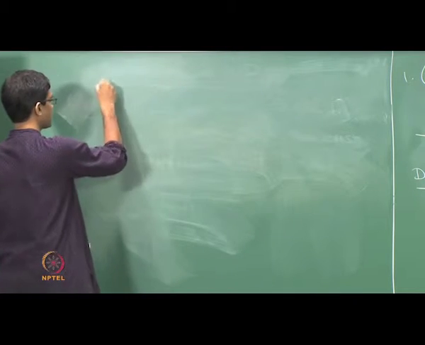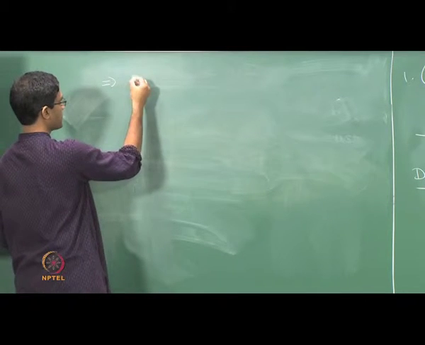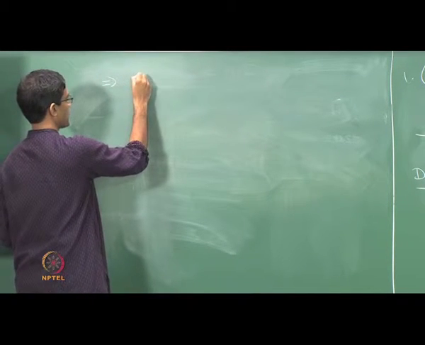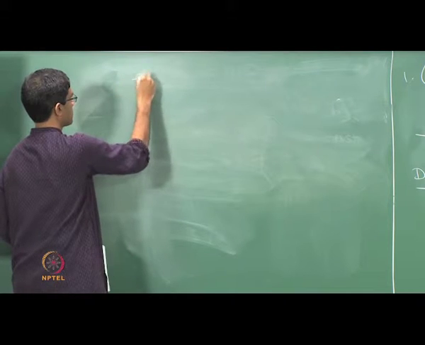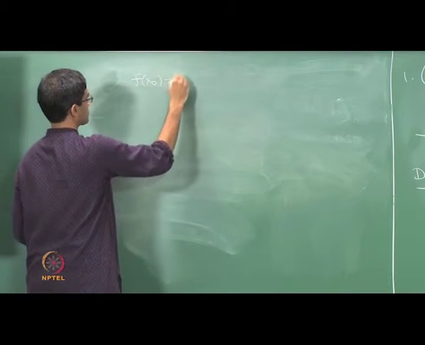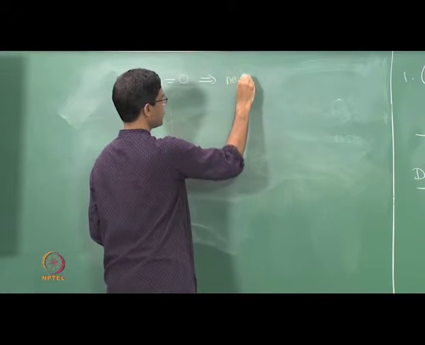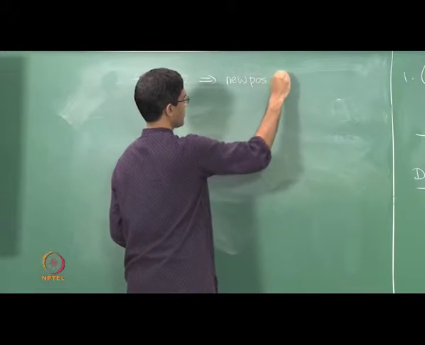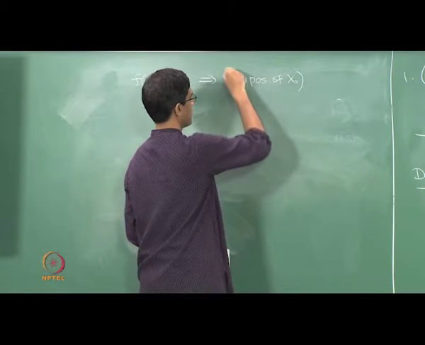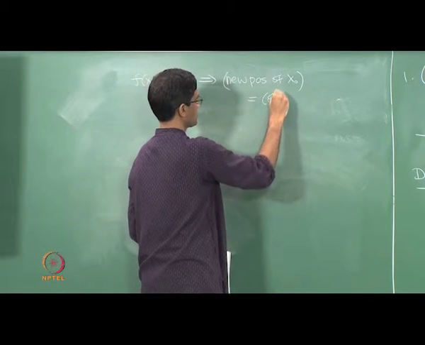So what does that mean? That of course means that the displacement of x naught is 0. So what is f of x naught? 0 means that it suffers 0 displacement. In other words, its new position is the same as its old position. The new position of x naught is the same as the old position.